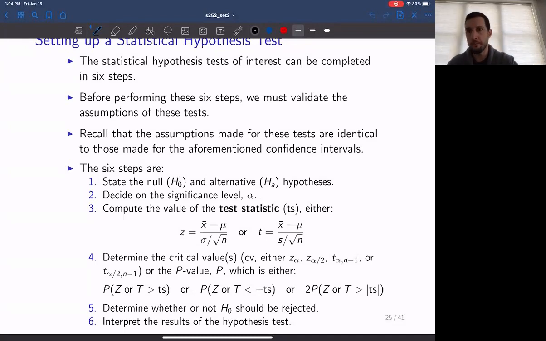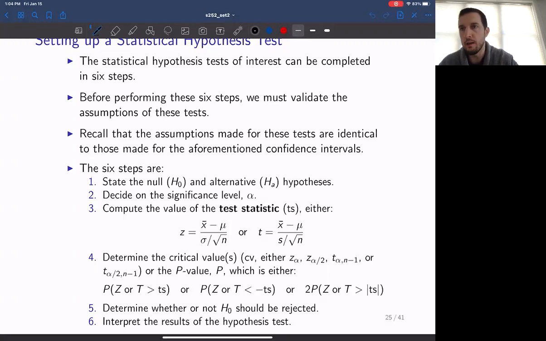So on step 1, we declare the null and alternative hypotheses, of which there are 3 different types, and we'll review these in a bit. Step 2, we state the significance level of the test. This will almost always be given to you, but in the event that it is not, you can typically assume that it's equal to 0.05.